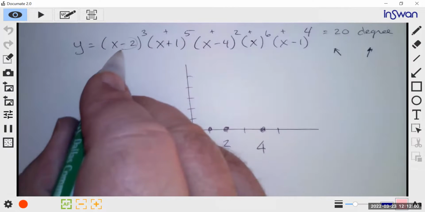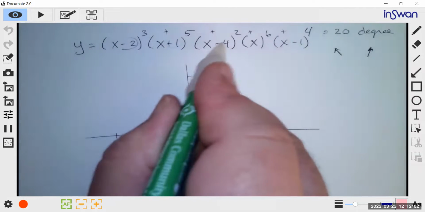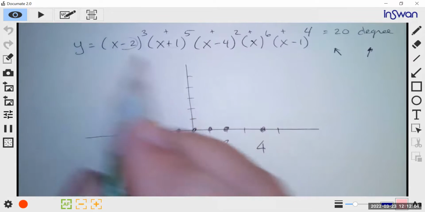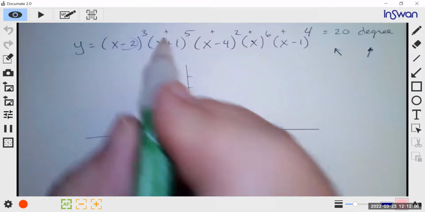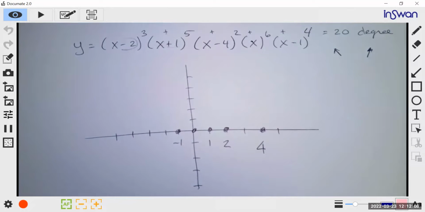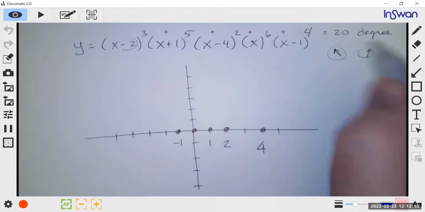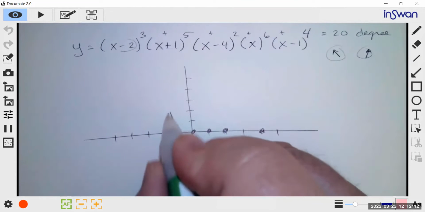I just took, remember, it's always the opposite of what's inside there. So it's x minus 2, it's +2. X plus 1 is -1. We know the end behavior from both endpoints, they have to go up.